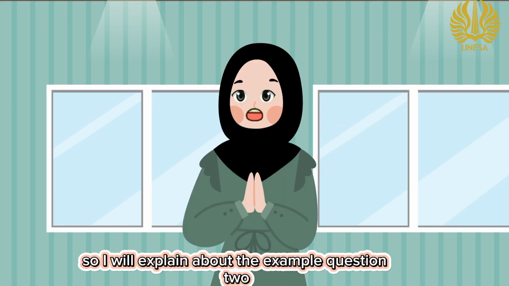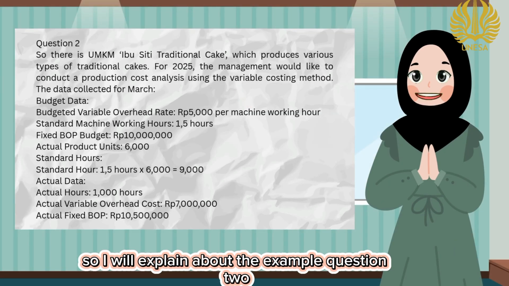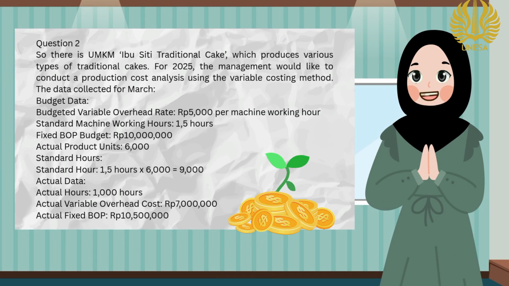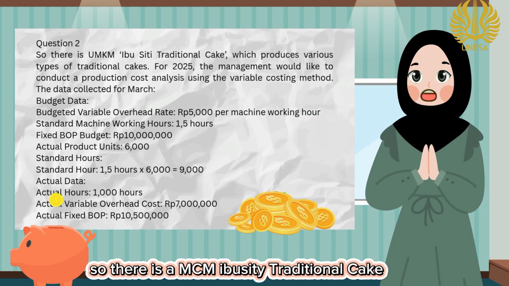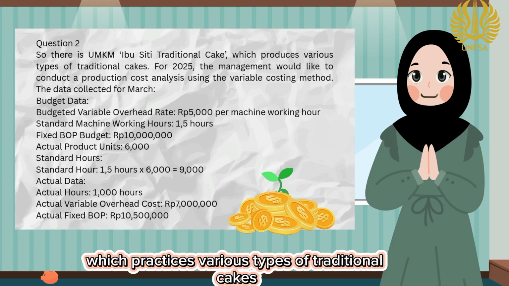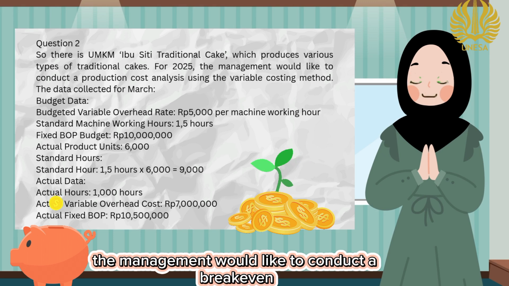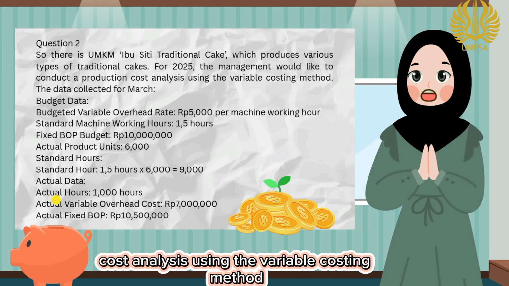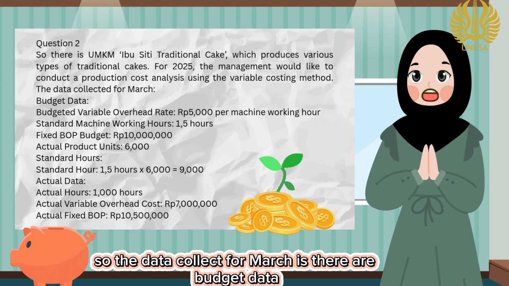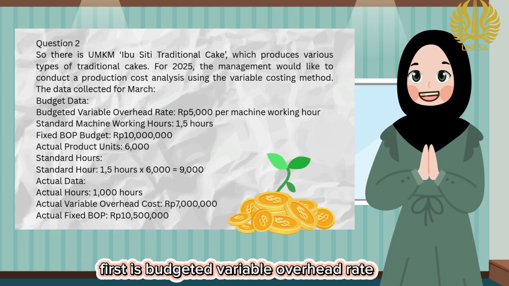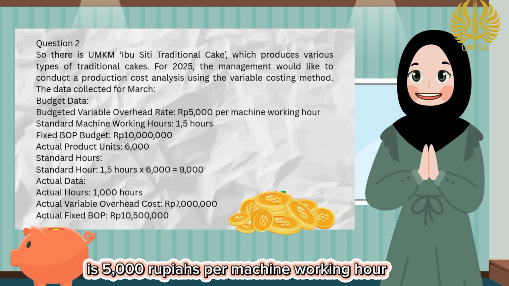Okay, so I will explain example question 2. There is Ibu Siti's traditional cake business, which produces various types of traditional cakes. For 2025, the management would like to conduct a cost variance analysis using the variable costing method. The data collected for March is budget data. First, the budgeted variable overhead rate is 5,000 rupiah per machine working hour.